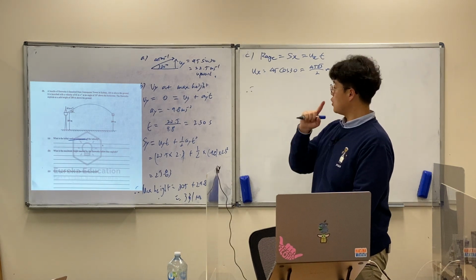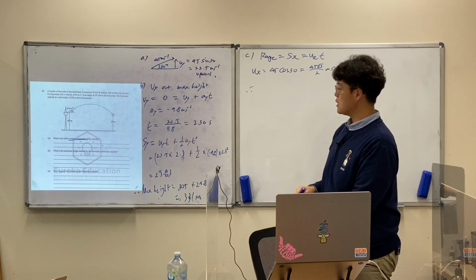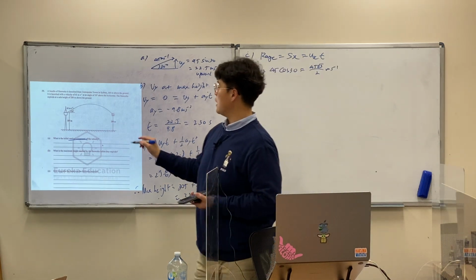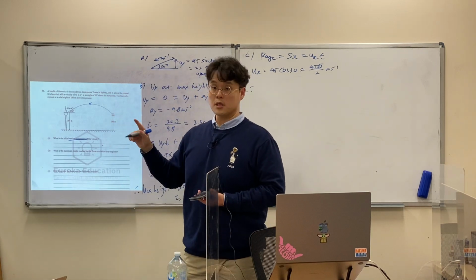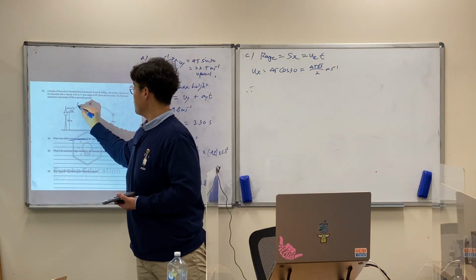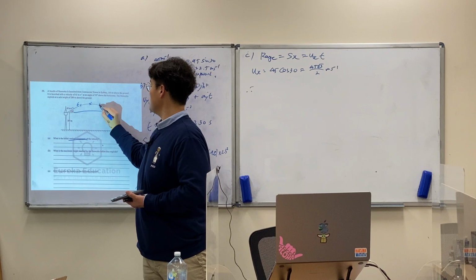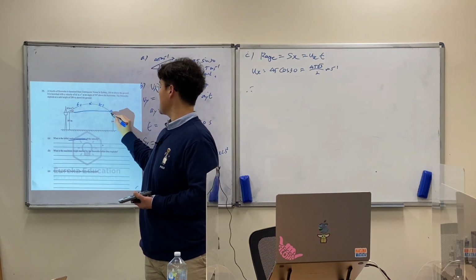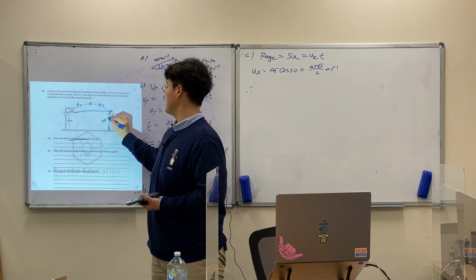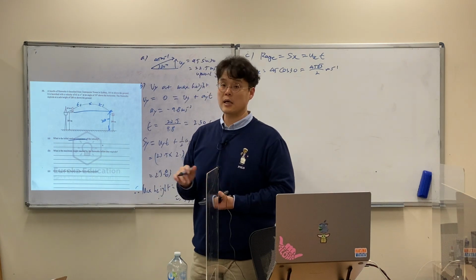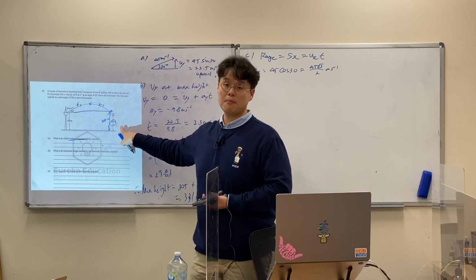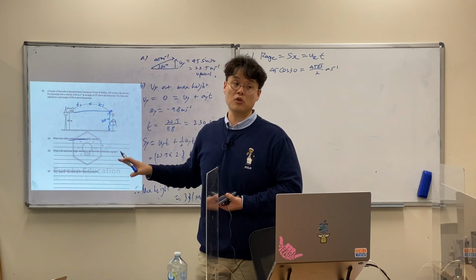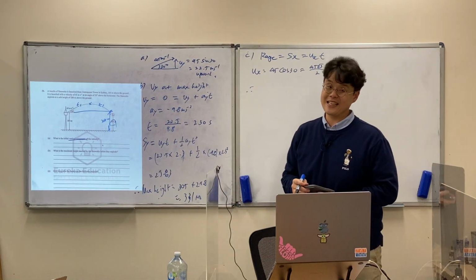Therefore, the total time taken, if you think about it, is not the time from here to there. Time 1 goes up, then time 2 comes back down to the same 305 meters. But the firework actually exploded at 280 meters, which is below the 305, so you need to find the total time taken again.